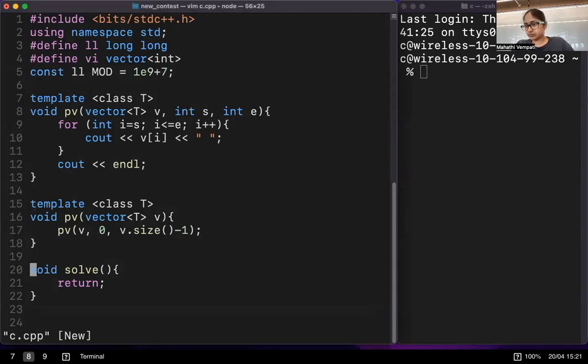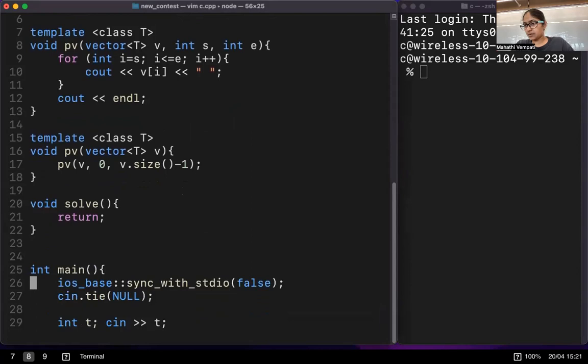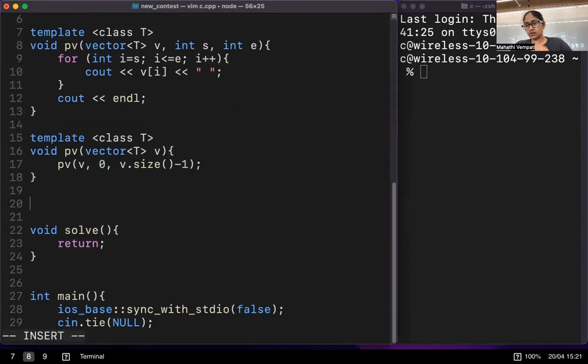So we first want a function that tells you, oh, it's not int actually. Number of subarrays could be a lot.